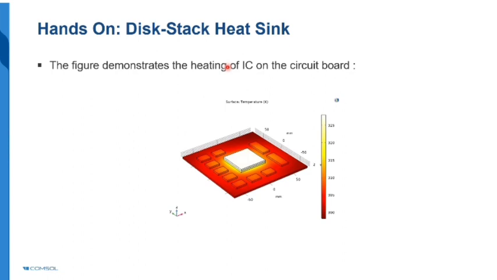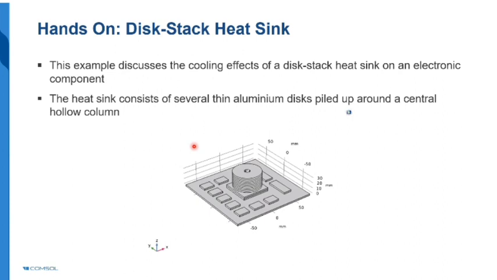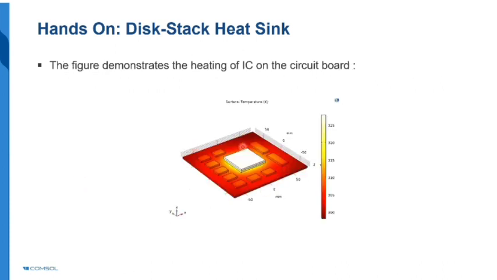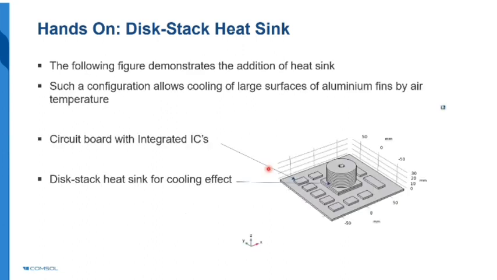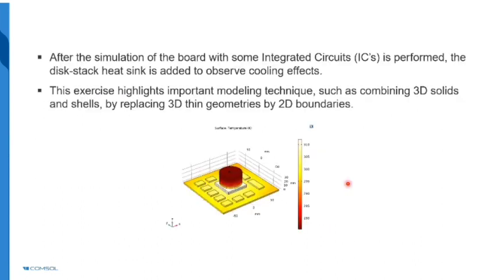To start with, we have just the heat sink, where you can see we have just this thin plate kept on top of this central IC, and then we can see how much heat dissipation is occurring in this circuit board. Next, we have also included this stack heat sink, and with that we try to understand how much is the heat dissipation with the disk stack.